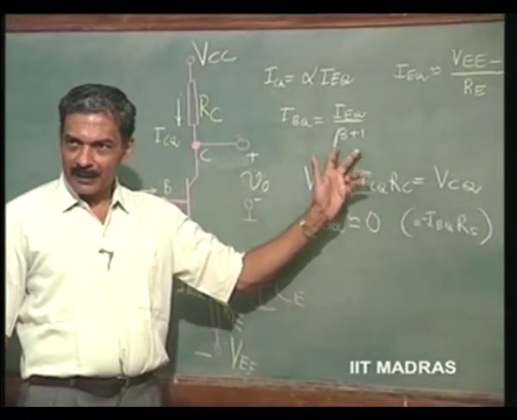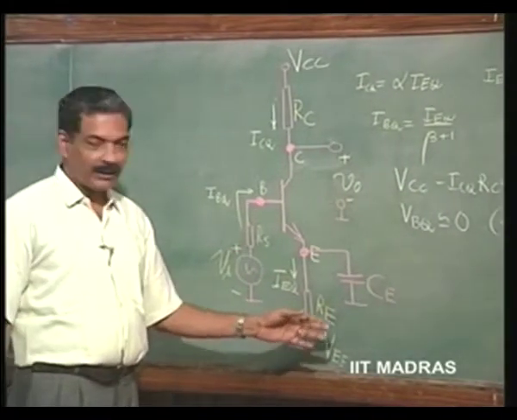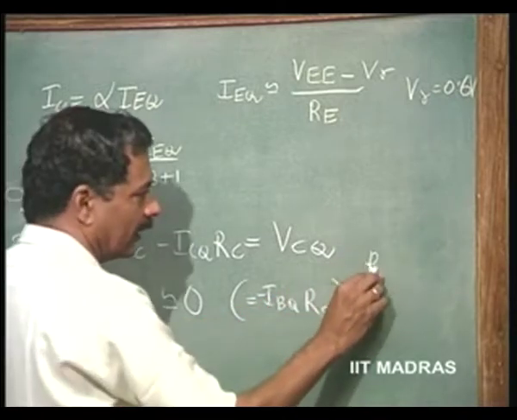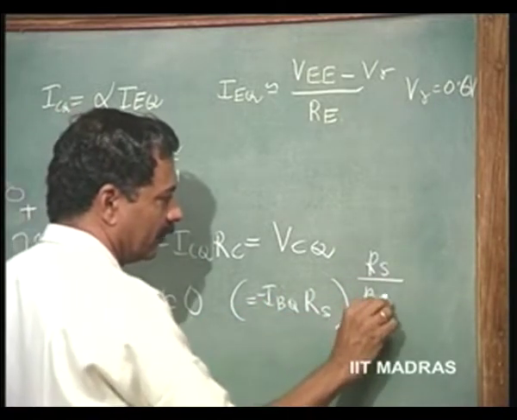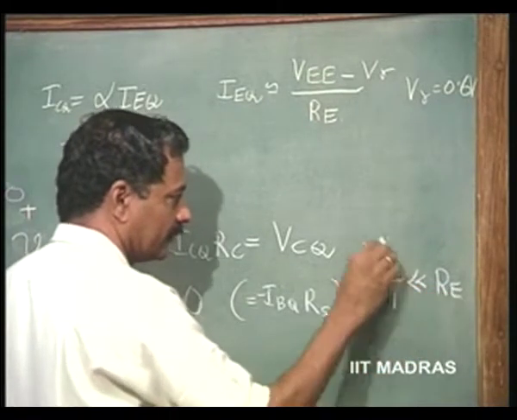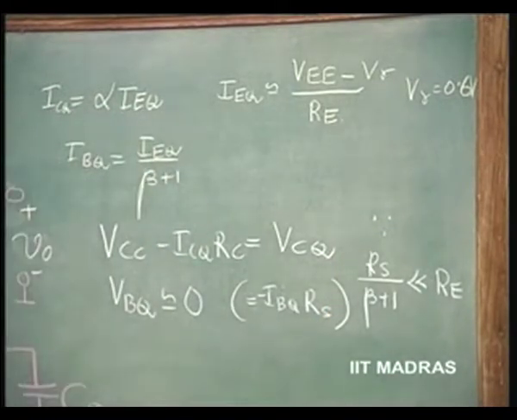Beta being very high and most of the drop occurring across RE, we can ignore this, under the assumption that RS divided by beta plus 1 is much less than RE. So this is a proper way of biasing a common emitter amplifier circuit.